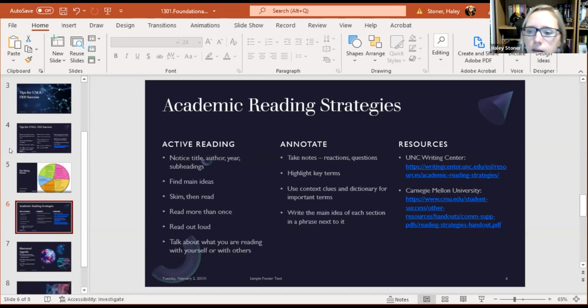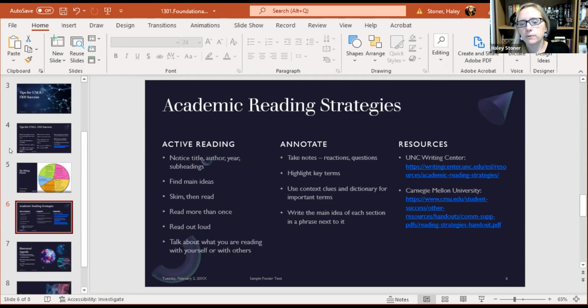I have a couple of websites here just for extra help on reading strategies, but reading at that level is definitely a skill, and it is one that we can use strategies like this to become stronger readers. And reading and writing go together. Anytime that you're able to further process and deeply understand a piece of reading, you're also seeing examples of how ideas can be expressed in writing.